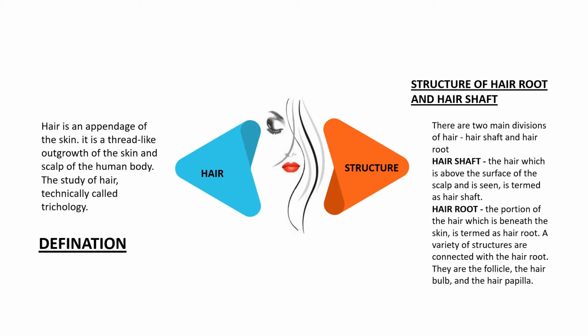The portion of the hair which is beneath the skin is termed the hair root. A variety of structures are connected with the hair root. They are the follicle, the hair bulb, and the hair papilla.